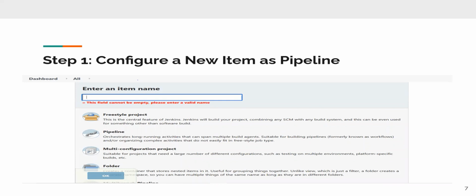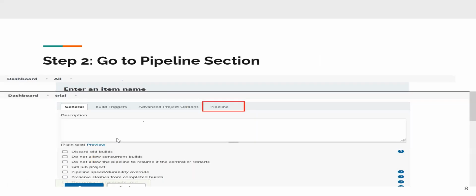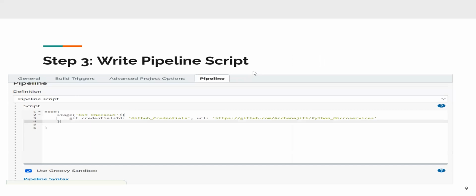These are the basic steps that you need to configure a pipeline in Jenkins. You start by creating a pipeline. Then once you've given it a name, you go to the pipeline tab of the page, and this is where you can write your pipeline script in the Jenkins UI. As you can see, it starts with the node block.